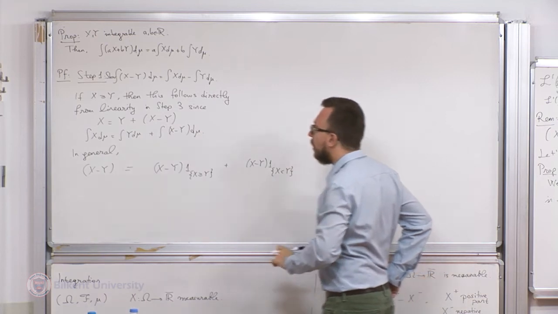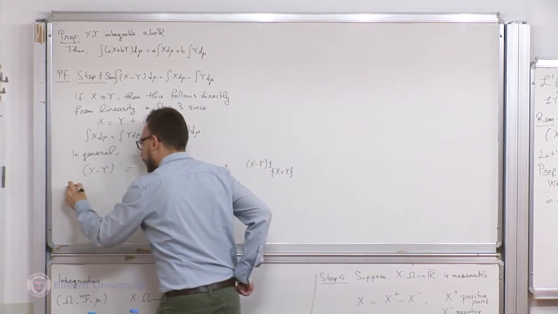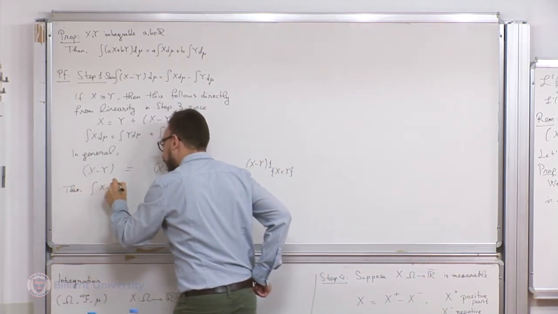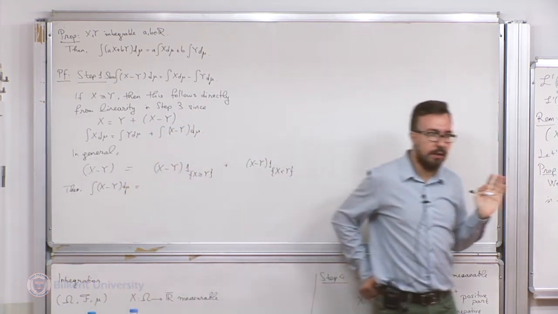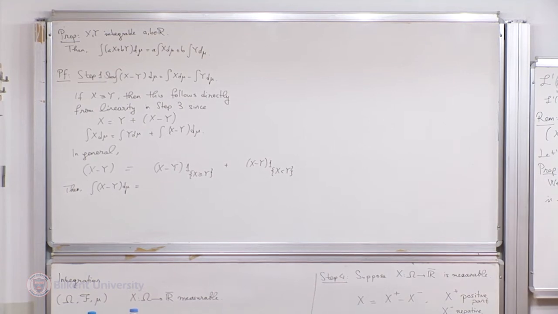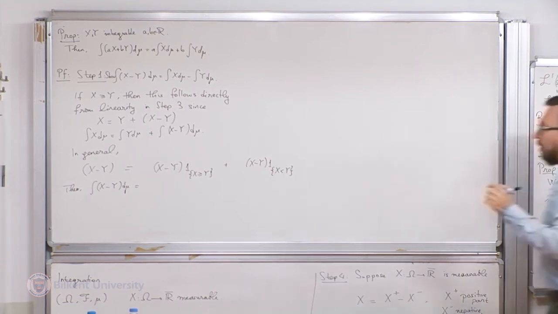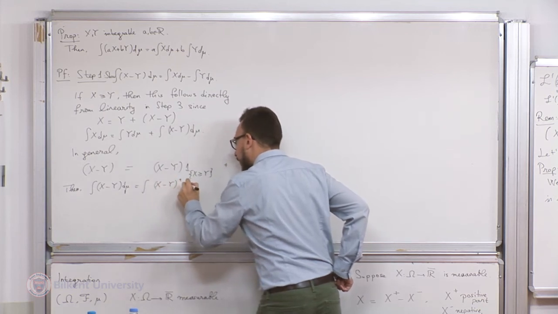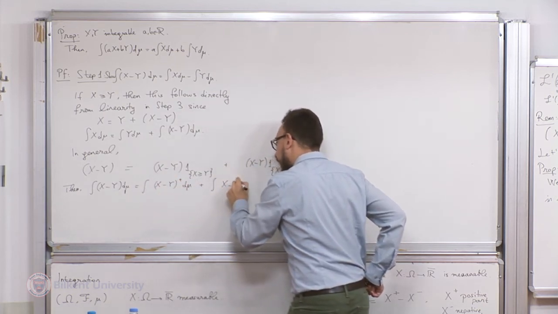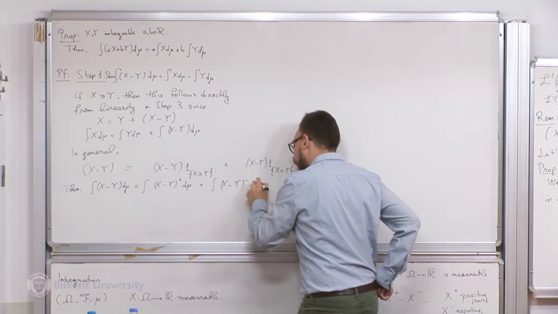Okay. So then we have what? So we're looking at the integral of x minus y d mu, right? So it can be positive or negative. Therefore, we first need to apply the definition of integral. So the x minus y positive part and the x minus y negative part, d mu.